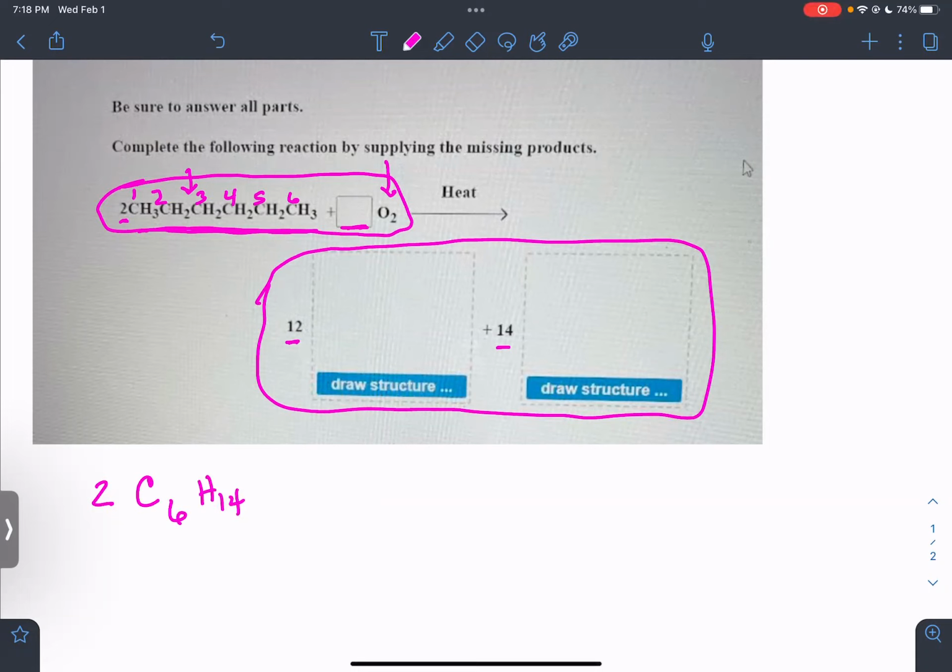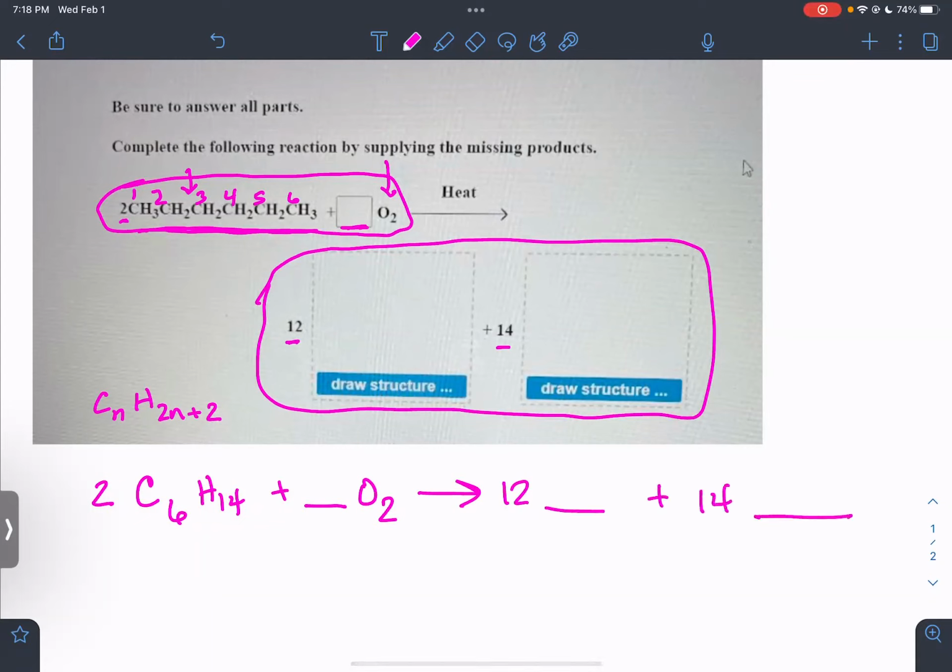And so it would be the number of carbons, right? It's CnH2n plus 2. So it would be 2 times 6 is 12 plus 2 is 14. So either way, you could do that. Plus some coefficient that we're not given, O2, yields, oh, we're given 12 of something, we don't know what that is, plus 14 of something.